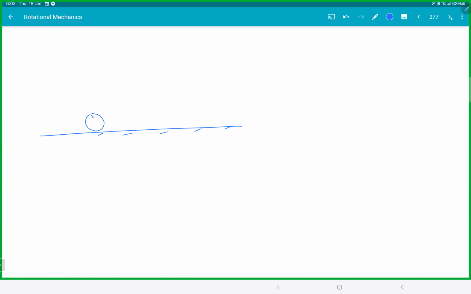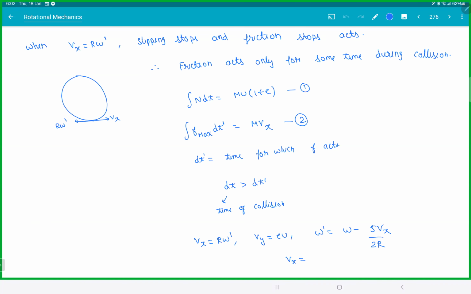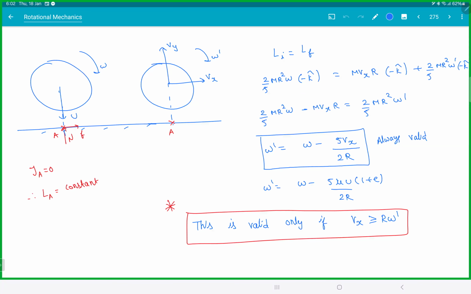After collision, we got this is Vy and this is Vx, so it will go and fall somewhere on the ground. So range will be horizontal velocity times time of flight. Time of flight is nothing but 2 v vertical by g. That gives you the range. Are you clear with this? It's a pretty good one.